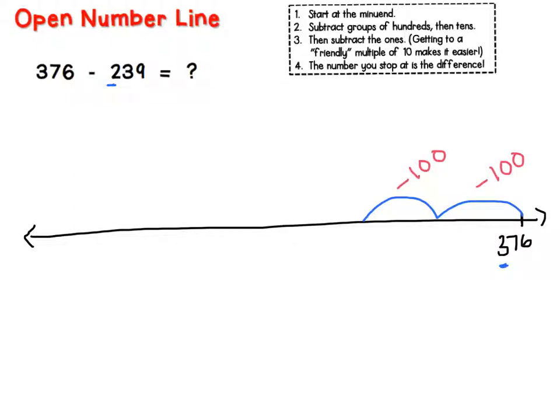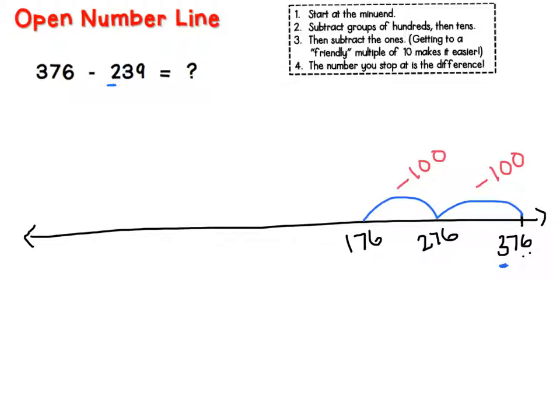So let's record how far that takes us on the number line. If I started with 376 and I took away 100, that means now I have 276. My tens and ones aren't changing because I'm only taking away 100. If I do another jump, taking away another 100, I'll be left with 176.